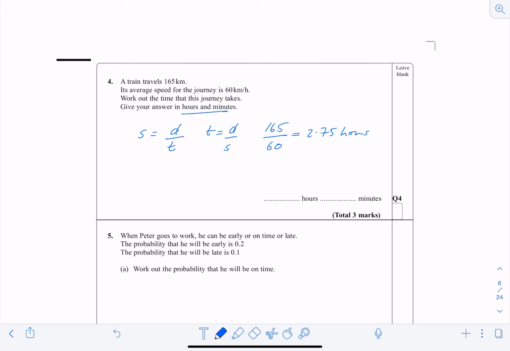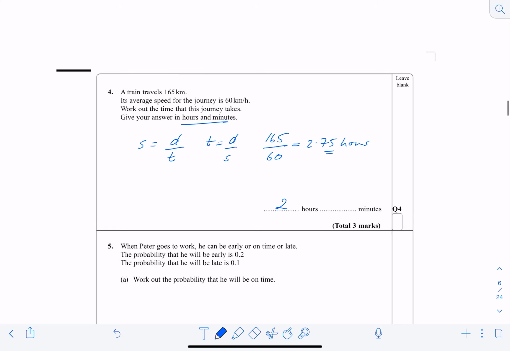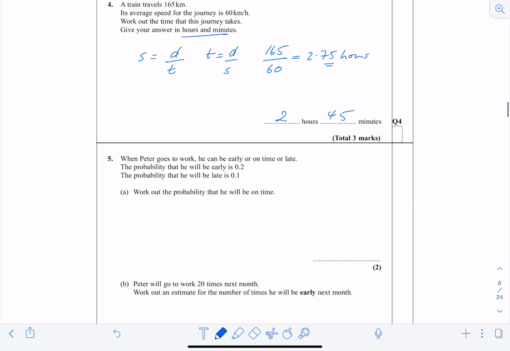It says give your answer in hours and minutes though. So it's 2 hours and it's not 75 minutes, it's 0.75 of an hour. So 0.75 times 60 is 45 minutes. That's 3/4 of an hour.